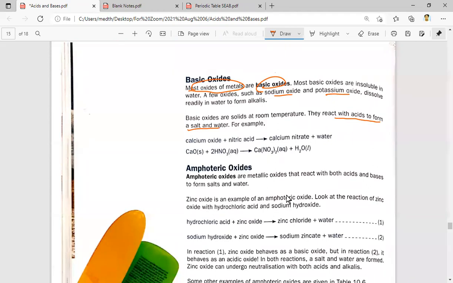So this one, tick, react with acid. Now, what is not mentioned here is that actually they cannot react with alkalis. So basic oxides can react with acid but cannot react with alkali.